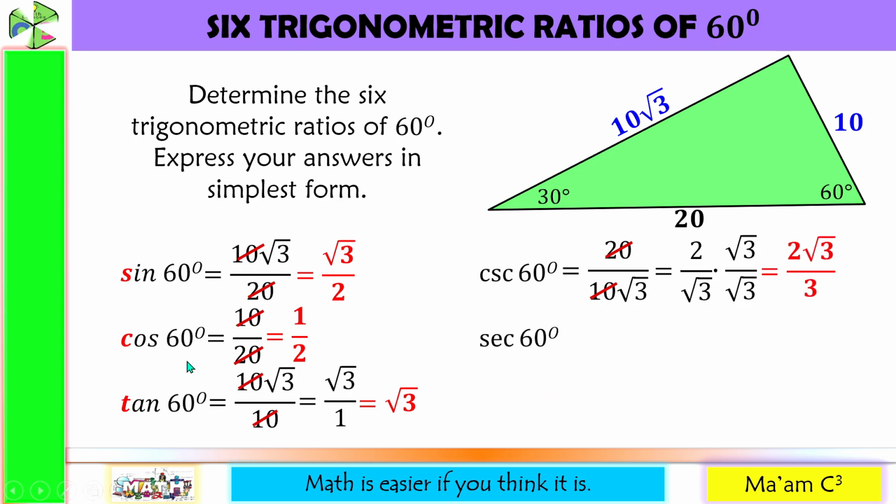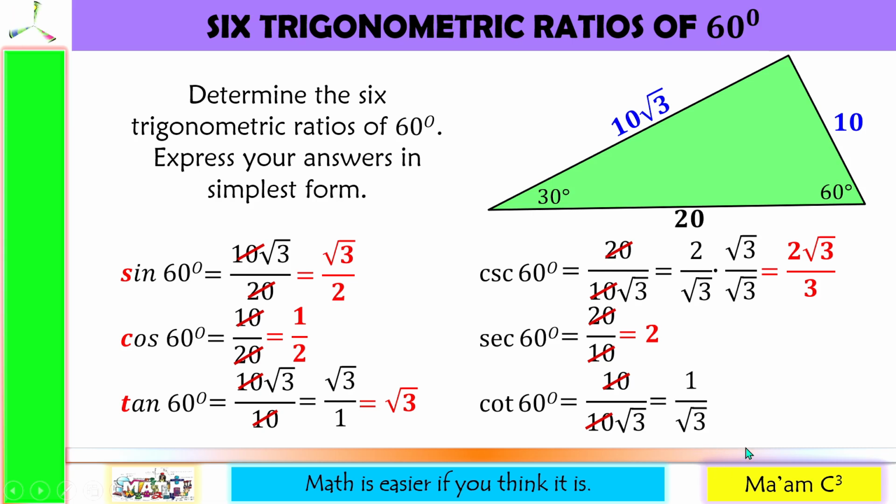Reciprocal of cosine 60 degrees, so it will become 20 over 10, and 20 divided by 10 is equal to 2. Last one, cotangent 60 degrees, the reciprocal of tangent 60 degrees. This is 10 over 10 square root of 3. 10 and 10 will cancel out, so I have 1 over square root of 3. Rationalize. Simplify. Square root of 3 over 3.